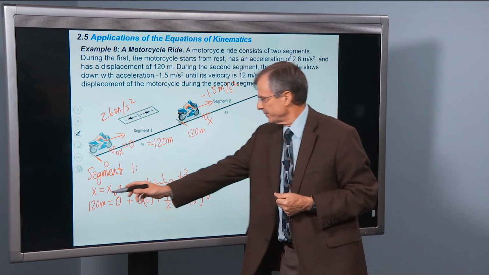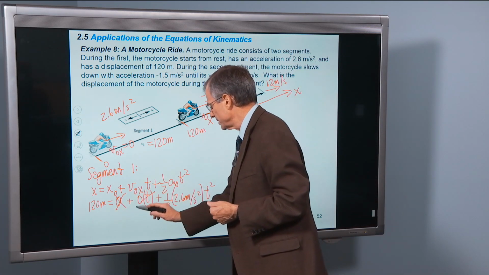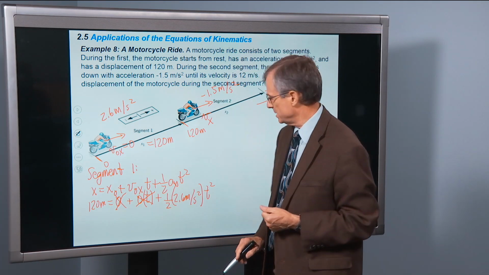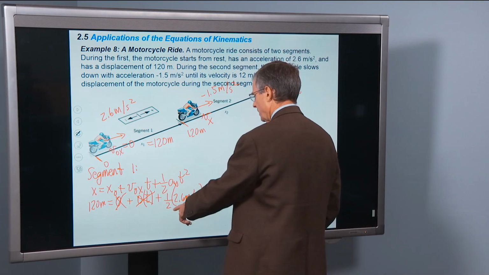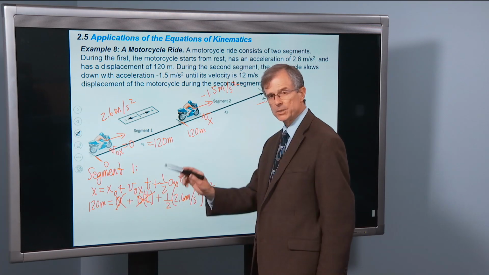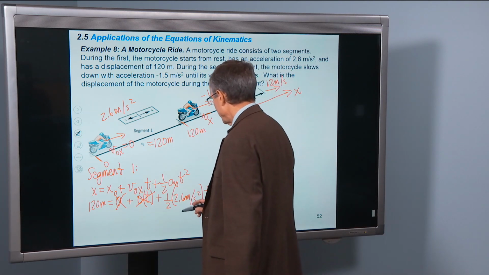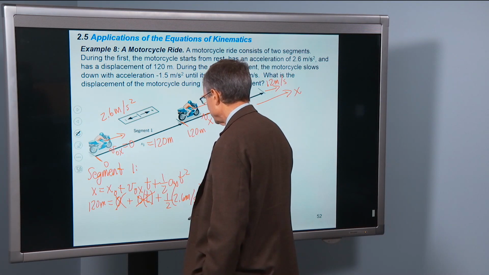I can now solve this equation for t. This is 0 times t, which is 0. And I can multiply both sides of this equation by 2 and then divide by 2.6.